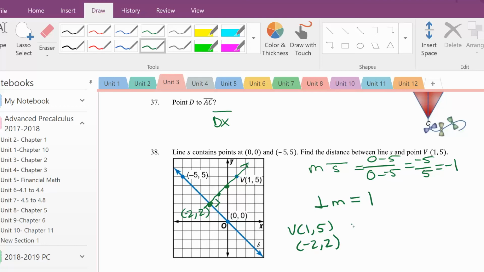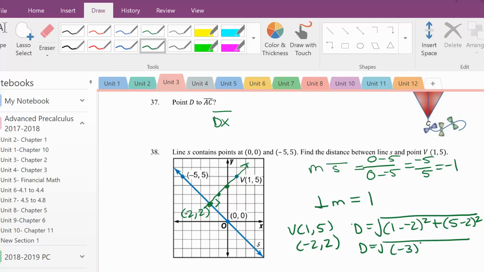So to find the distance between V, which is (1, 5), and (-2, 2), you do the distance formula. So you go 1 minus negative 2 squared plus 5 minus 2 squared. So the distance is the square root of positive 3 squared plus 3 squared.